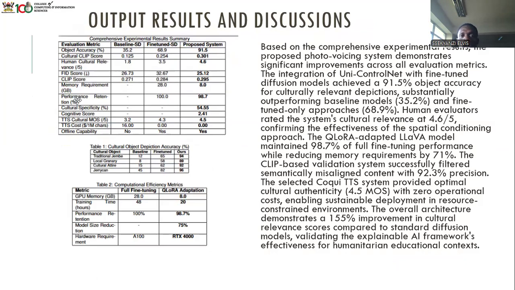Output results. Based on the comprehensive experiment results, the proposed system demonstrates significant improvement across all evaluation metrics. Regarding the unique ControlNet, as we learned earlier, this aids generative models such as Stable Diffusion in shaping the image, how it should be, poses, edge maps, among others.